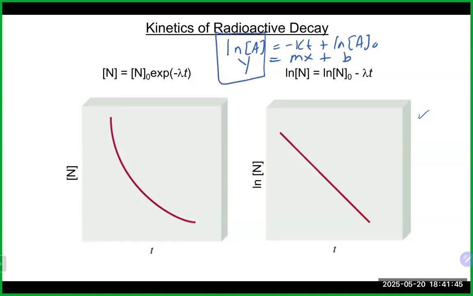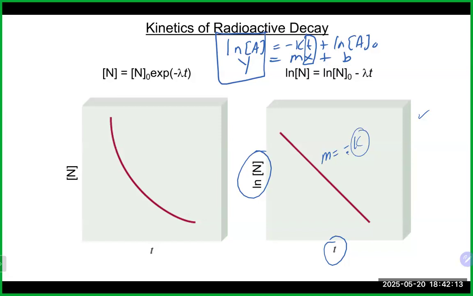So on the y, we graph the natural log of A, and on the x, we graph t. That will yield a straight line, a linear relationship, where the slope of this line is equal to minus the decay constant or the rate constant. That's because the line is negatively sloping, and that negative plus this negative will turn your rate constant or decay constant into a positive number.